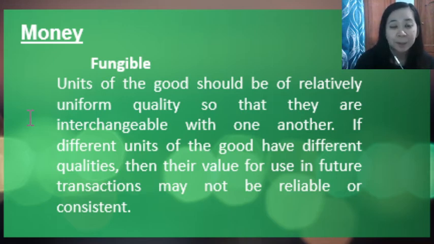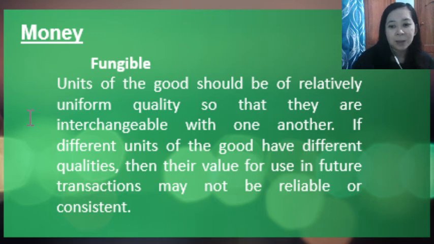So number one, money should be fungible. So units of the good should be of relative uniform quality so that they are interchangeable with one another. Meaning to say there should be an equal value in terms of exchange. If different units of goods have different quantities, then their value for use in future may not be reliable or consistent.